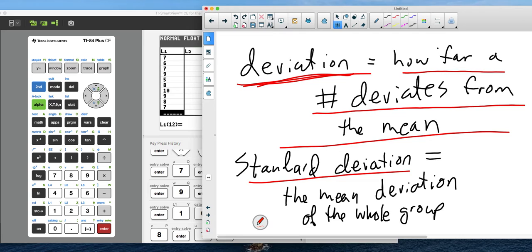How far is that number away from the mean? And then standard deviation is how far on average the group of numbers is away from the mean. It's the mean deviation of the whole group.